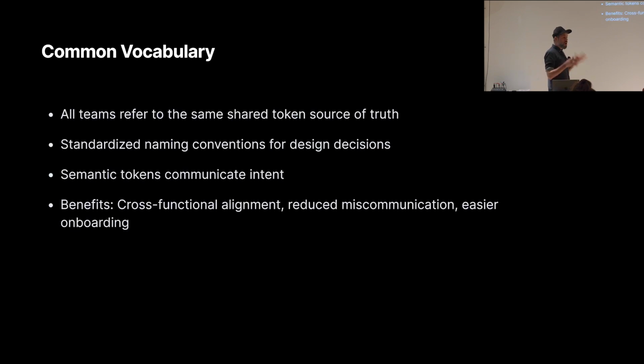All right, and last but not least, common vocabulary. So since all teams now refer to the same token source of truth, you establish a common vocabulary among departments and teams.